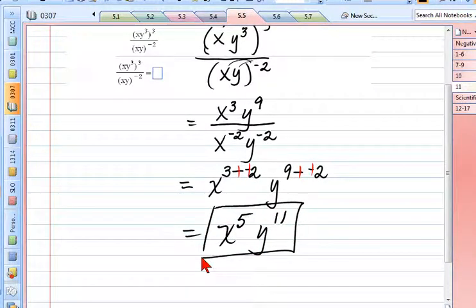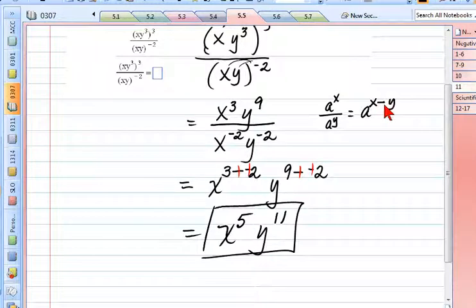I would imagine if anything bothers you about this problem, it is not the algebra. It is the positive and negative numbers. That's what tends to get people. So remember, when you use the quotient rule, if I repeat it, says if you have a to the x over a to the y, you get a to the x minus y.